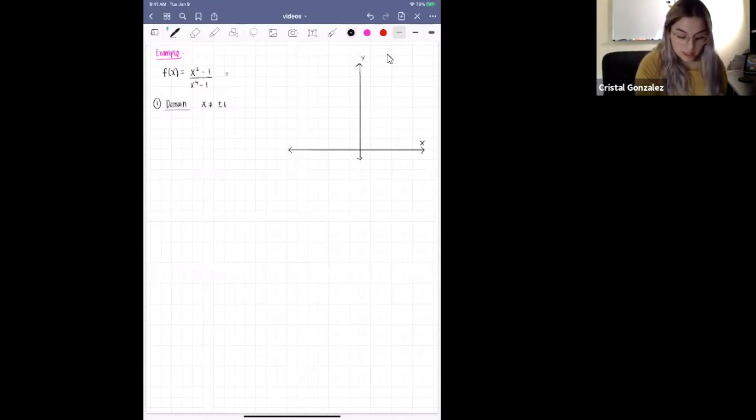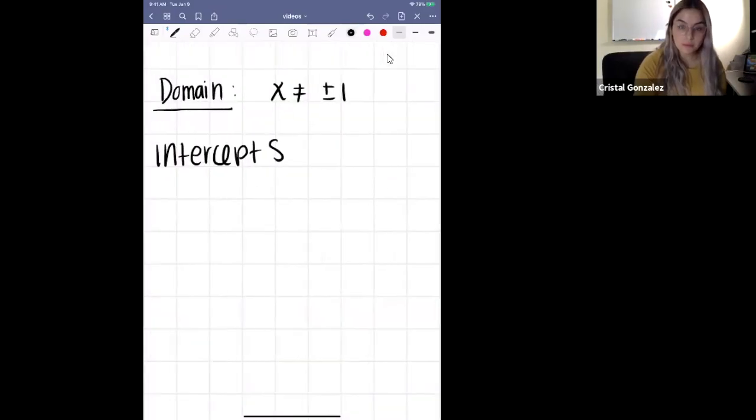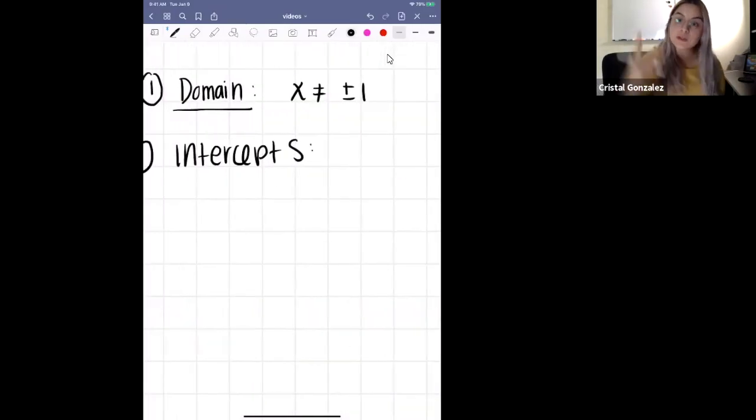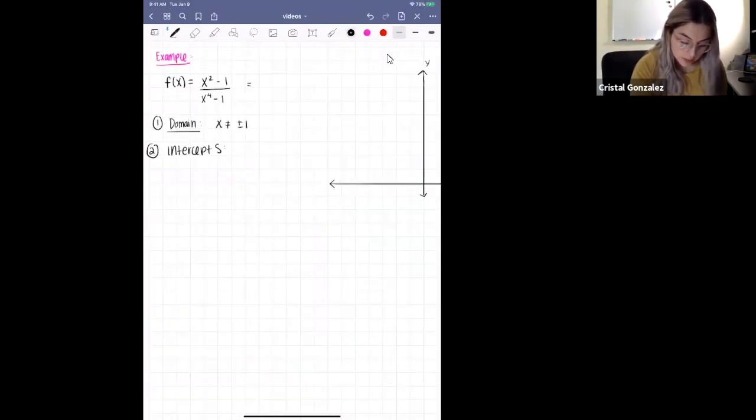Now my second step is to find my intercepts. And remember, for our intercepts, we have two different types of intercepts. We have x-intercepts and we have y-intercepts. And so for x-intercepts, our job is to take our function and set it equal to 0 because you want y to equal 0 at that point.